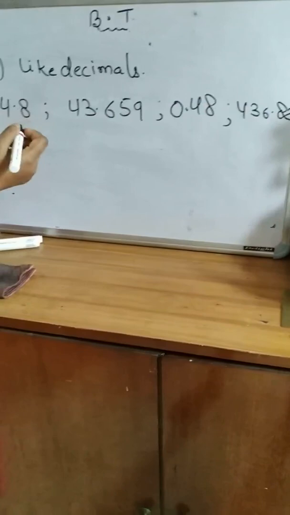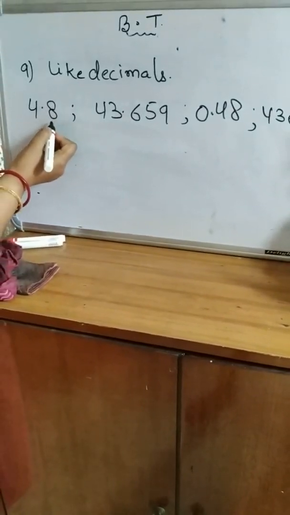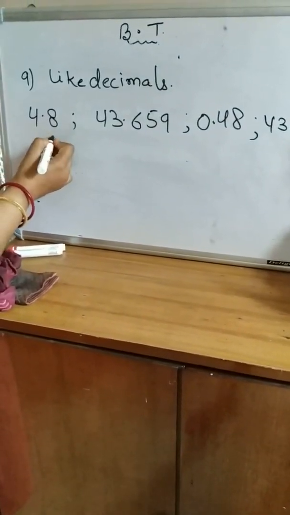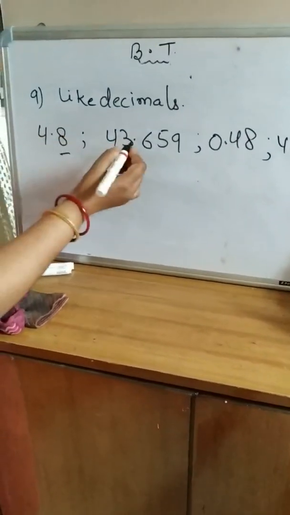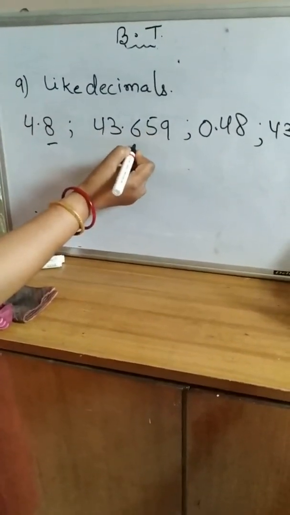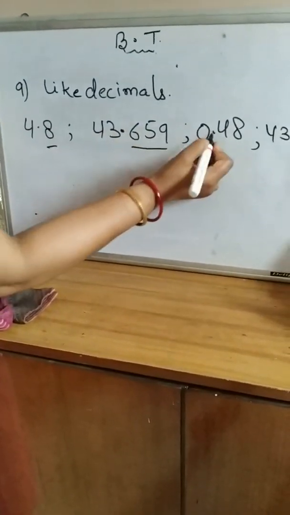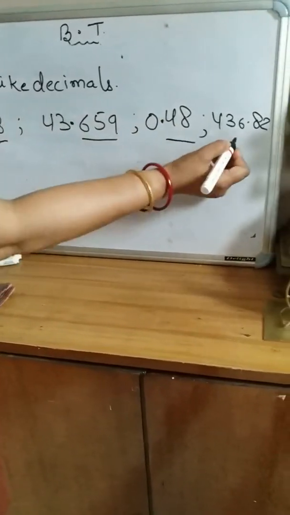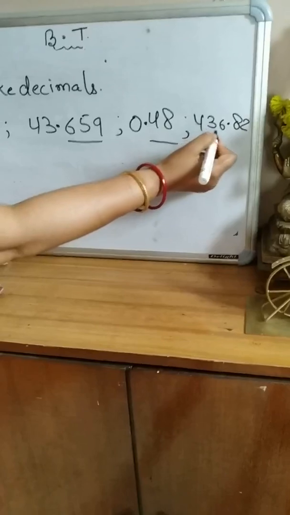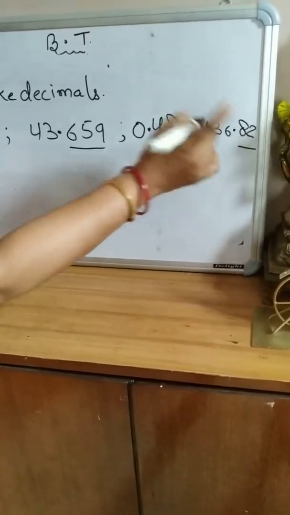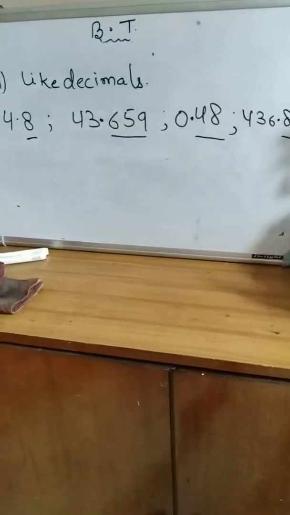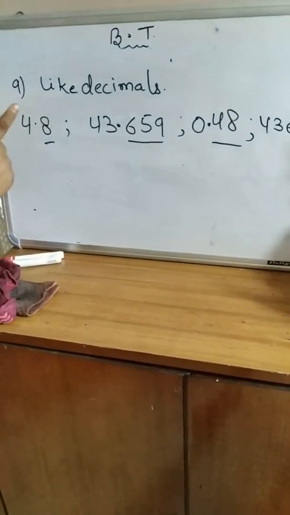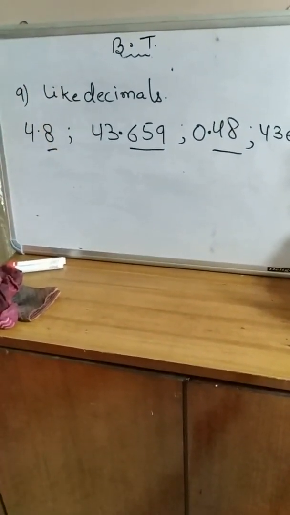Here we see that 4.8 has 1 digit in the decimal part, 43.659 has 3 digits in the decimal part, 0.48 has 2 digits in the decimal part, and 436.82 has 2 digits in the decimal part. So in like decimals, the number of digits in the decimal parts will be the same.